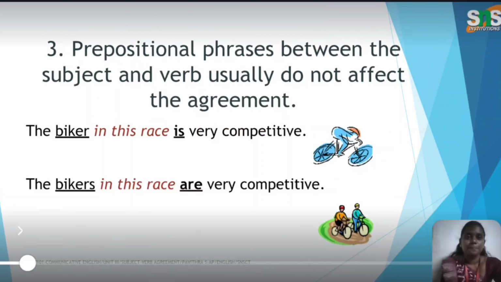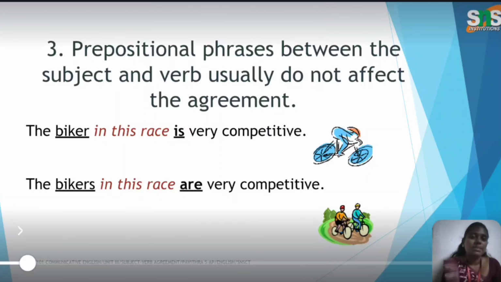And the third rule is prepositional phrases between the subject and verb usually do not affect the agreement. I repeat, when there is a prepositional phrase between subject and verb, it does not affect the agreement. For example, the biker in this race is very competitive. Here the subject is biker and the verb is.